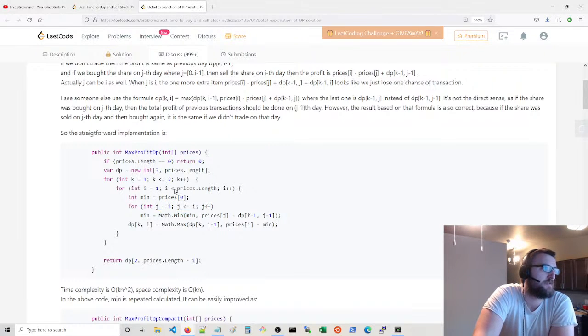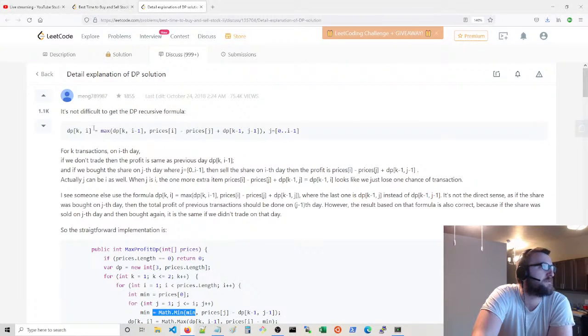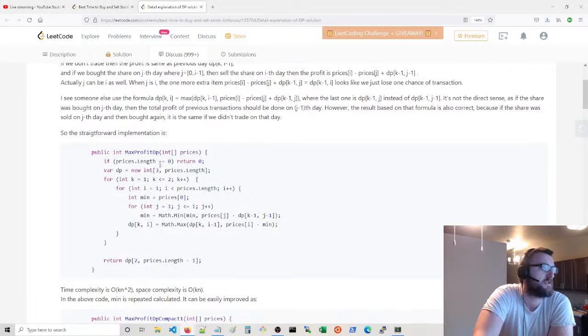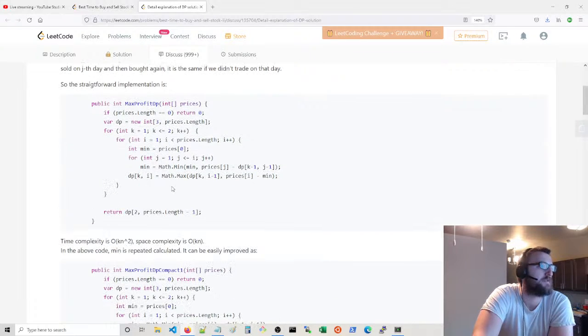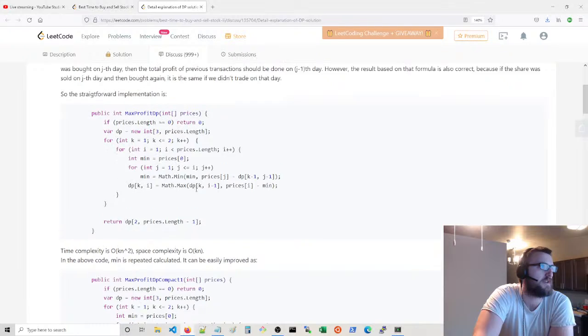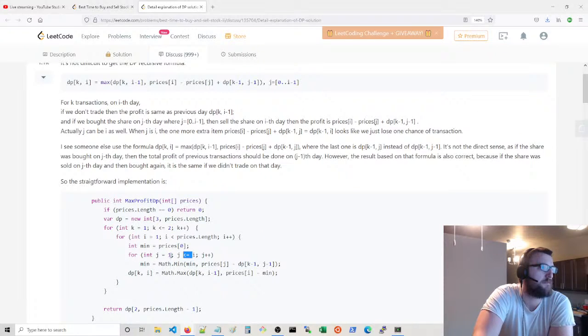So j is 1. So you loop over k, i, and j. Now it's interesting, he does have k as 1 and 2. Oh no, k is 1 and 2 because it's the number of transactions. Yeah, that makes sense. So this is just a straight triple loop: k, i, j. i is looping over all the values in the prices, and j is looping over everything less than or equal to i.